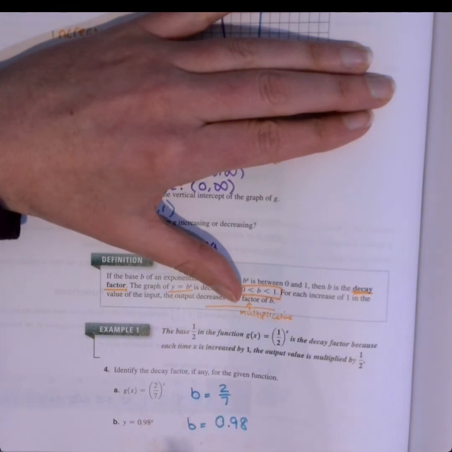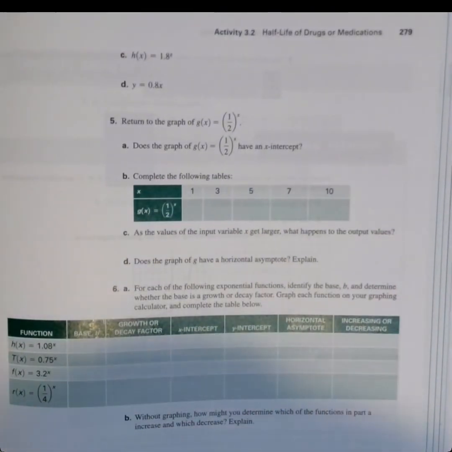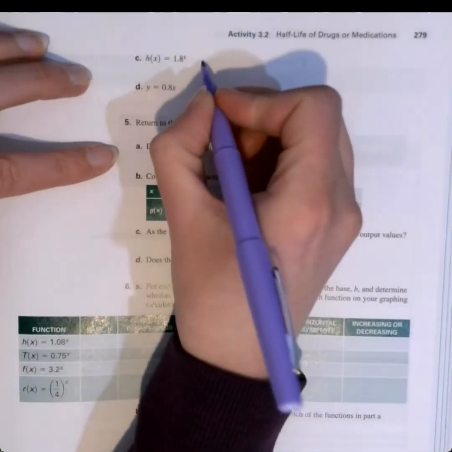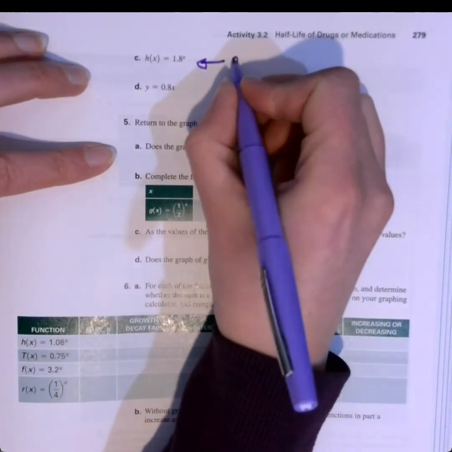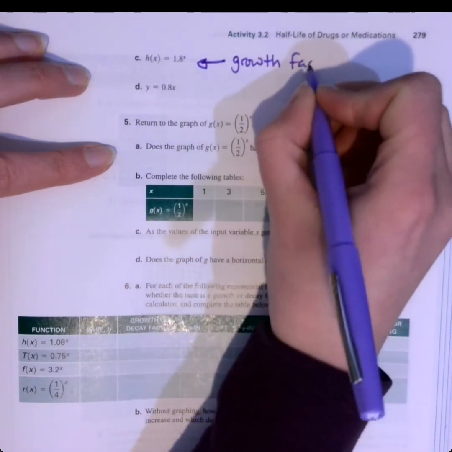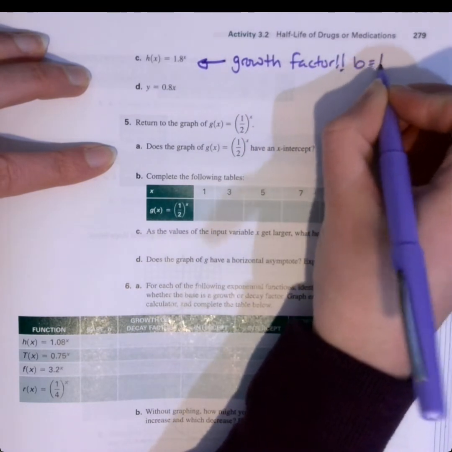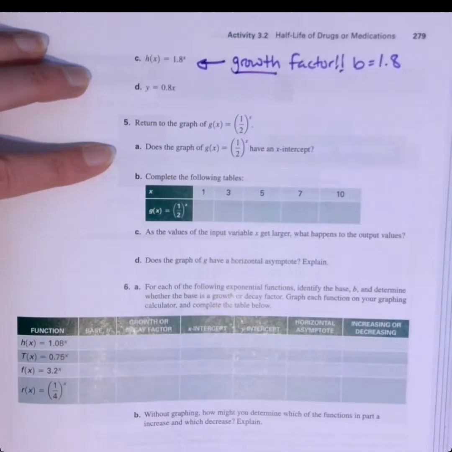That's smaller than 1. It's positive, so it's a decay factor. On our next page, 1.8, that's not a decay factor. That's a growth factor, right? Because it's bigger than 1. So it's a growth factor of b equals 1.8, but it's not a decay factor.